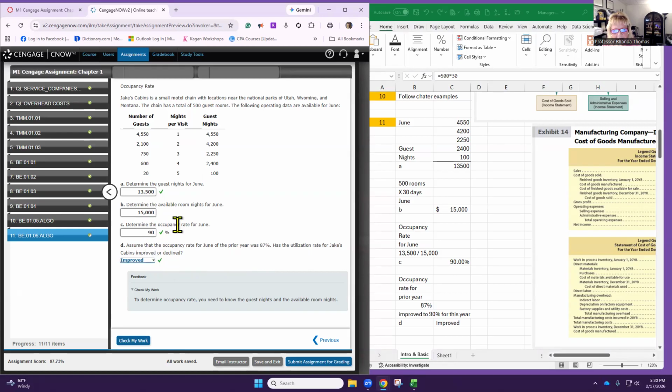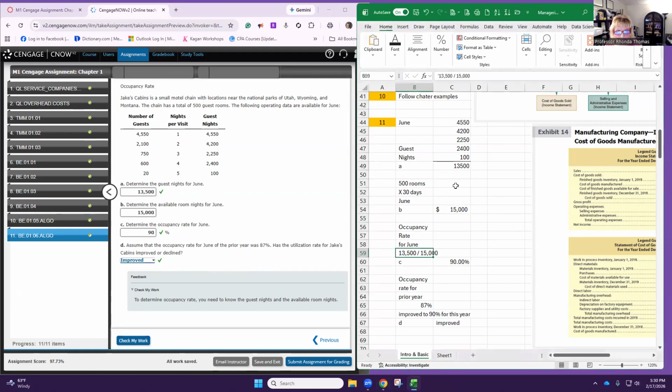So what's going on right now in this month for its occupancy rate? How do you find it? You take the number of guest nights and divide by the available rooms, and you're seeing that they're operating at 90%, okay, occupancy rate.